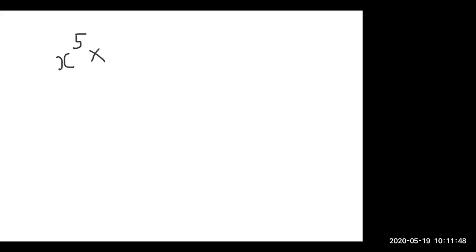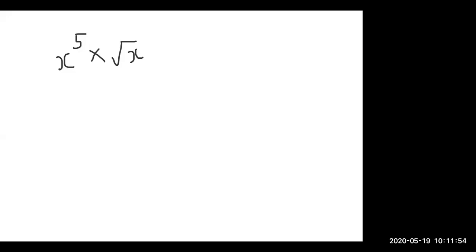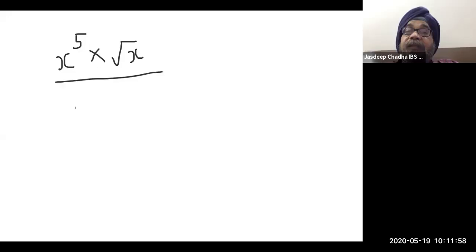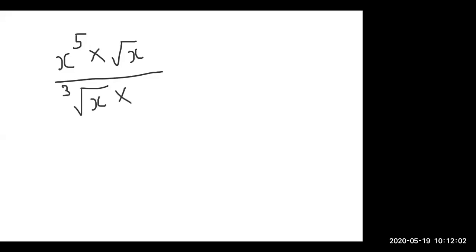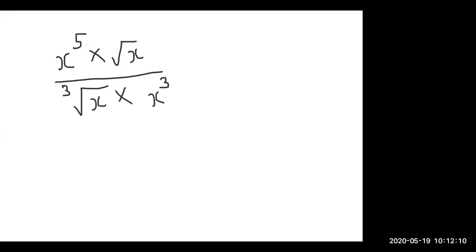If it is x to the power 5 multiplied by under root x, divided by x multiplied by... Now can you solve this, or shall I first do it and then maybe next time you can try it?